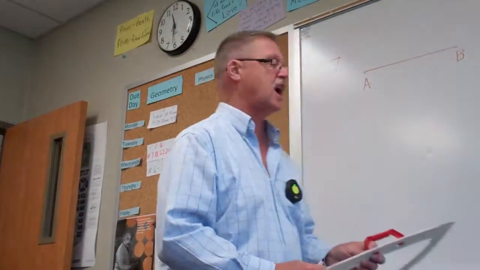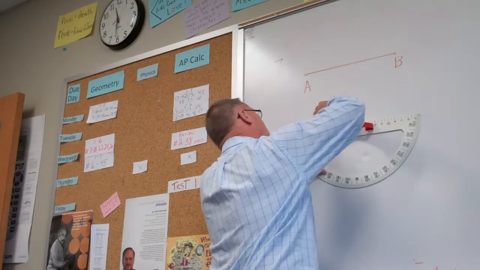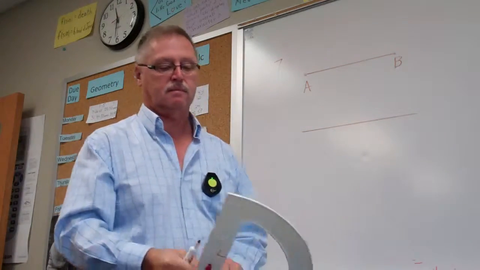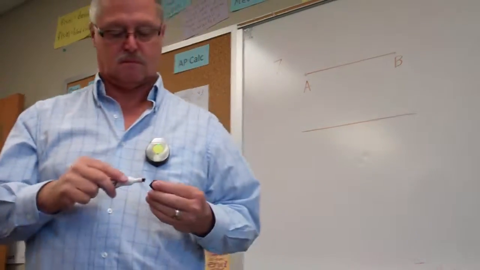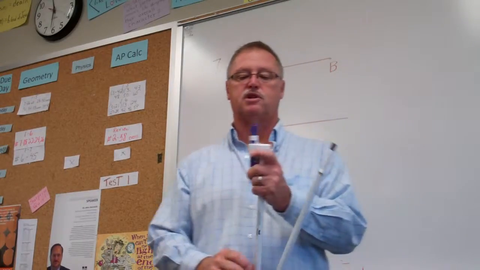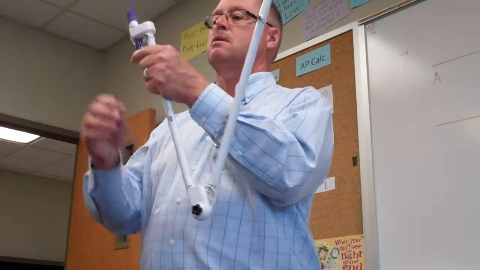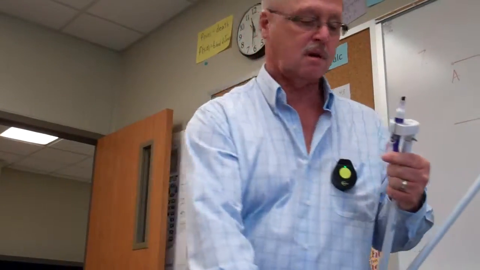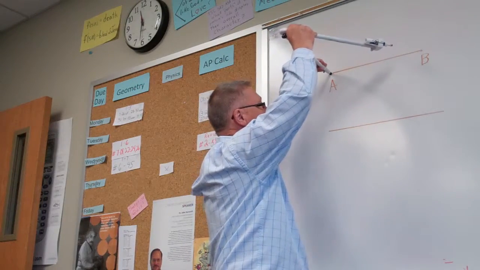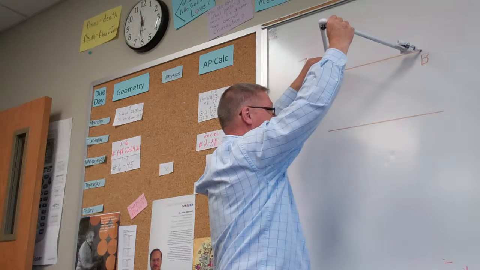The first step of copying a segment: draw a nice long segment to build it on, like that. Step 2, grab your compass, pivot from one end of the segment you're copying, set it to the length of the segment.